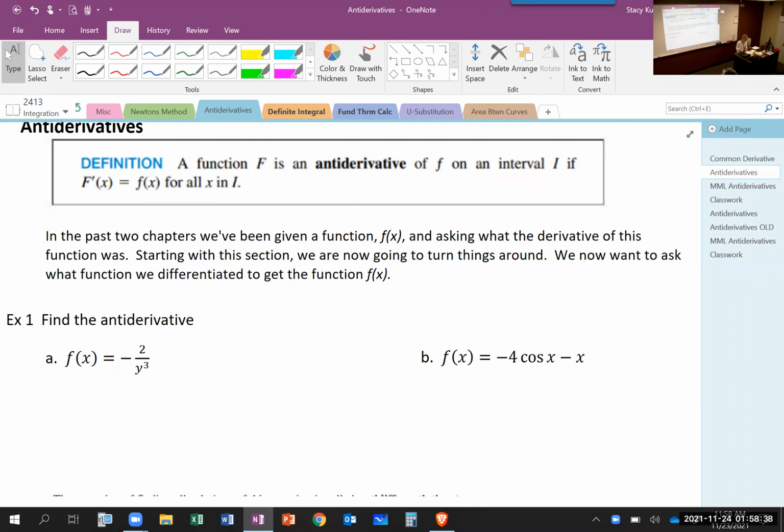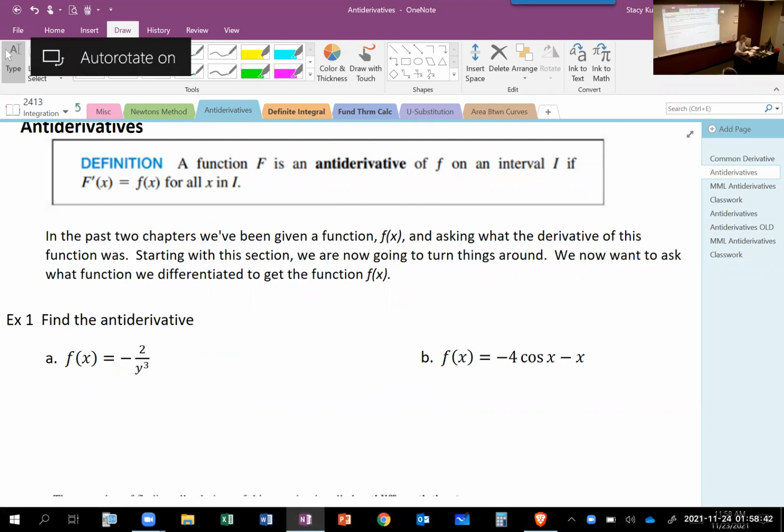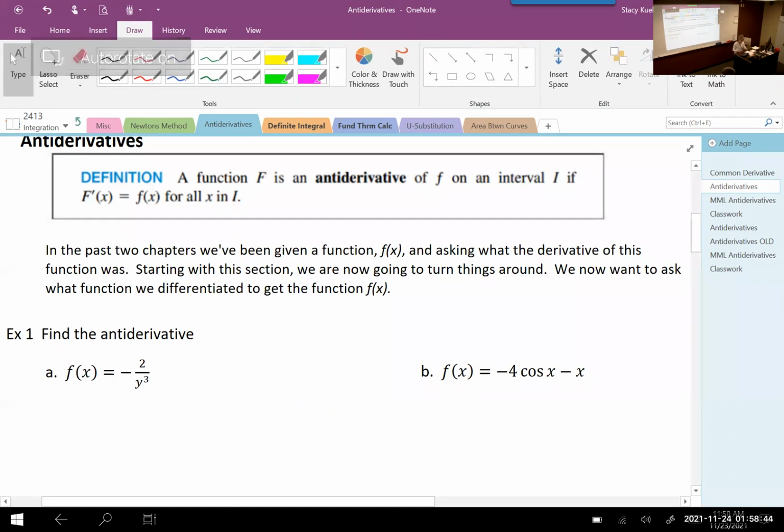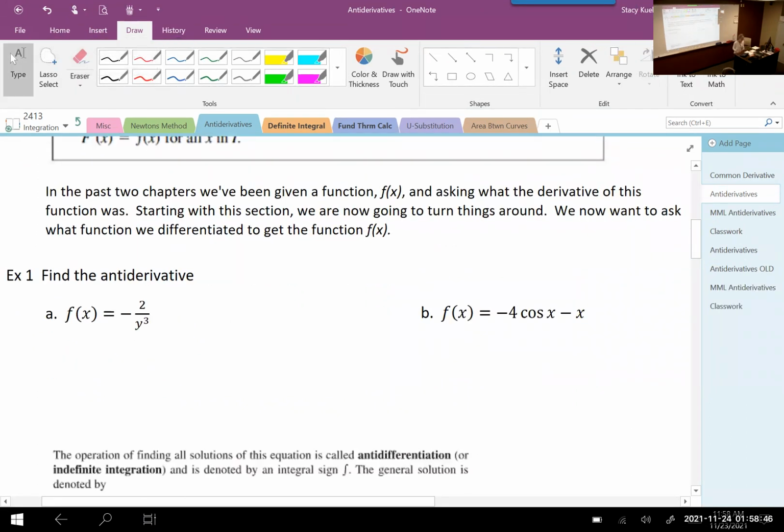So if we look at this example here, I want to find the antiderivative given the function -2 over y cubed. So I'm going to rewrite this to begin with as -2y to the -3.